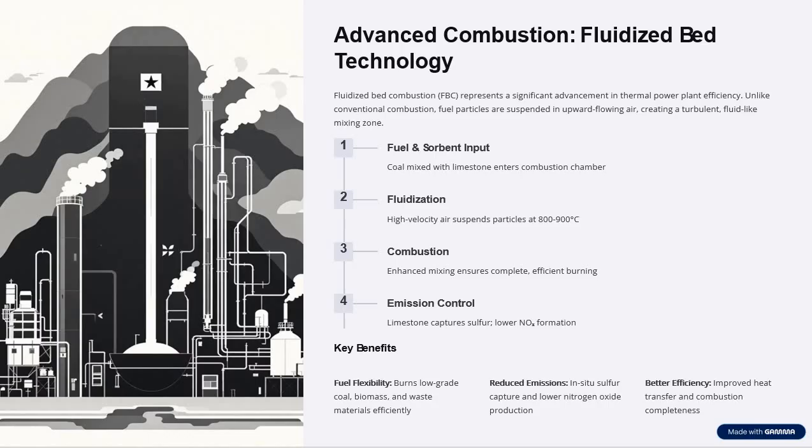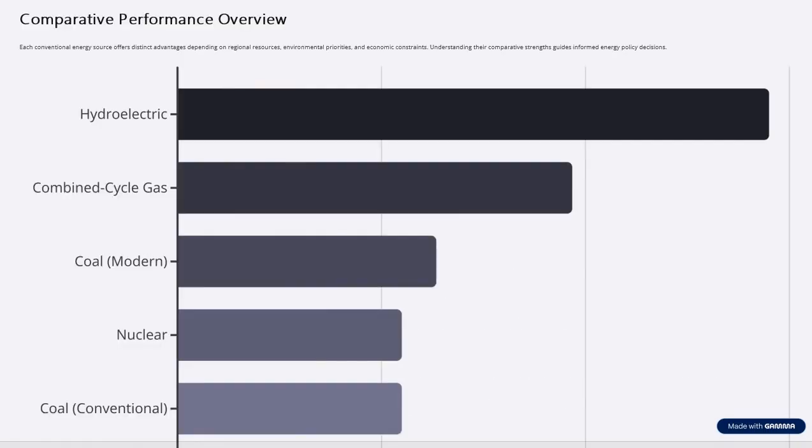It has four zones: fuel input, fluidization, combustion, and emission control. It also has some key benefits and some challenges: fuel flexibility, reduced emissions, and better efficiency.